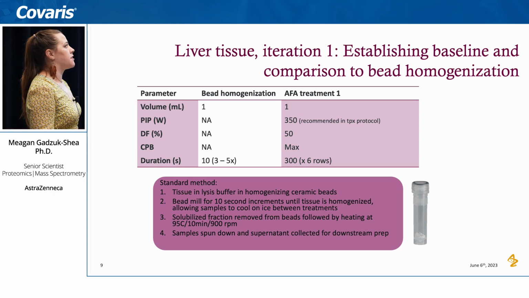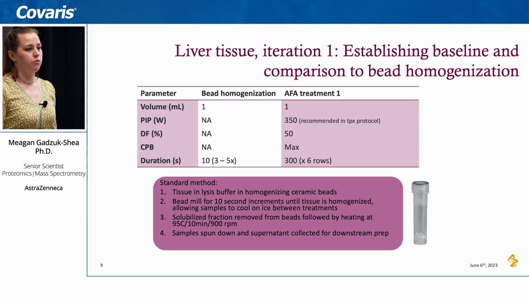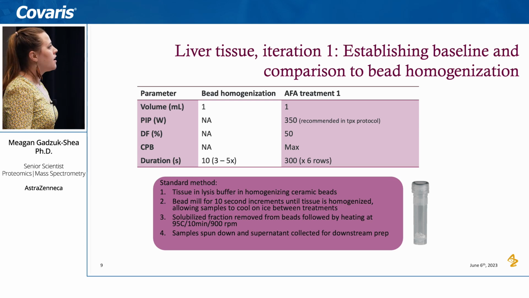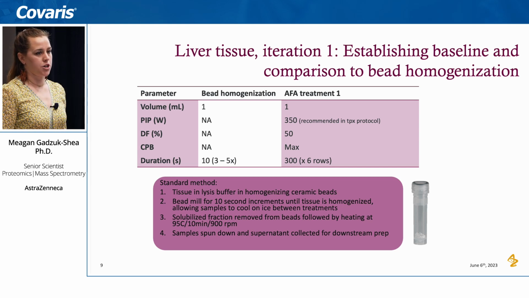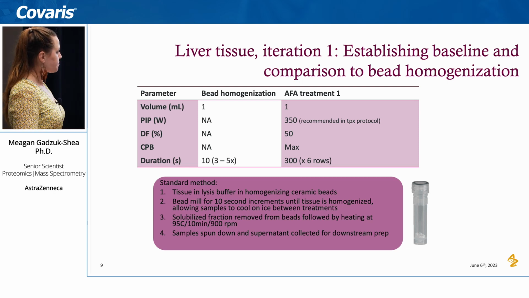And this isn't specific for the consumables we're using. This is what Covaris has recommended for the TPX PCR plates, but we just thought it would be a good starting point. And then using a slightly higher duty factor than for the cell workflows, and also setting the cycles per burst to the maximum option that you can use, and that's going to be 1,000 cycles per burst.